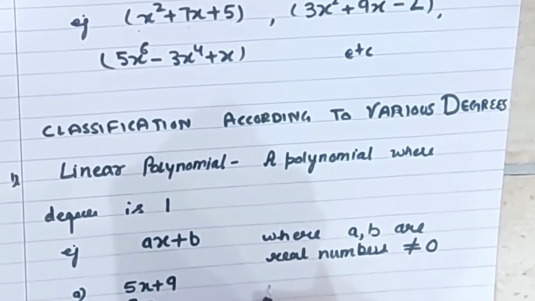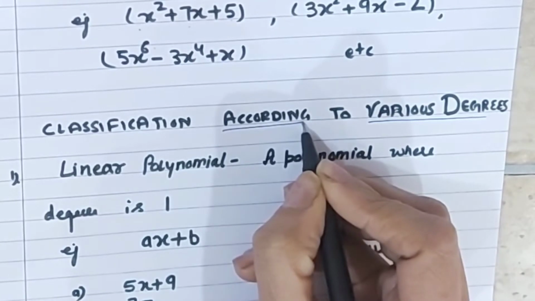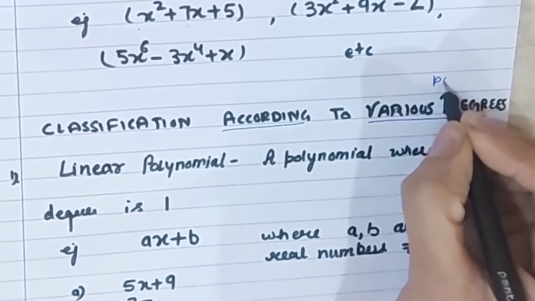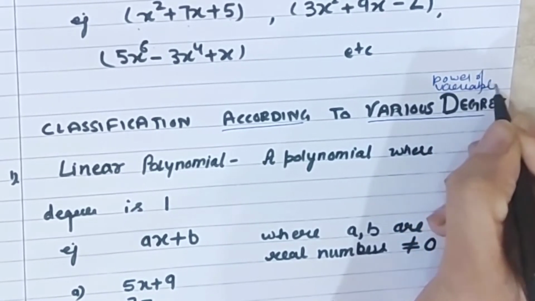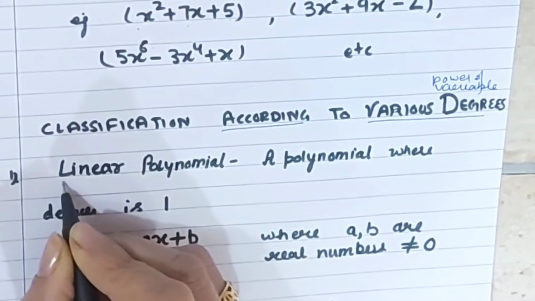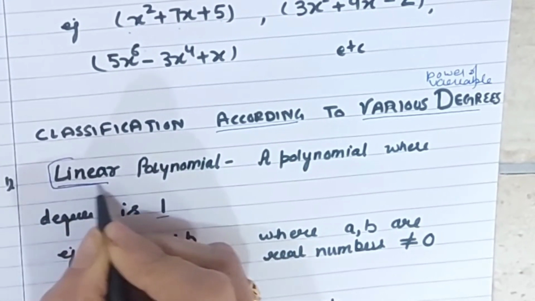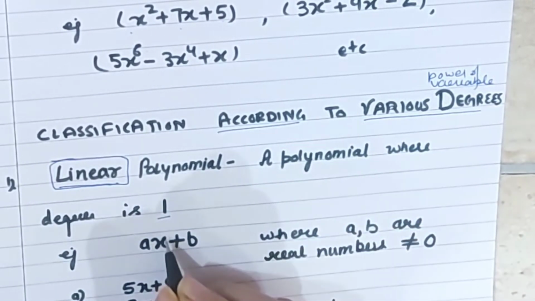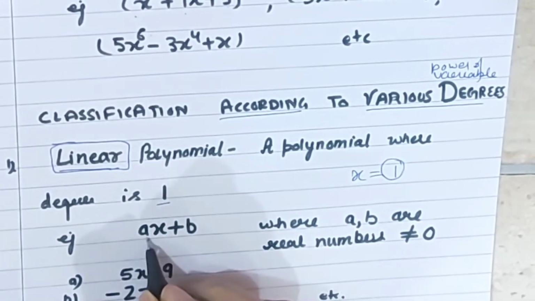Now let's see how we can classify polynomials according to degrees. Degree means the power of the variable, any variable like x, y, z. A polynomial with degree 1 is a linear polynomial, where the degree or the power of x is 1, like ax plus b.